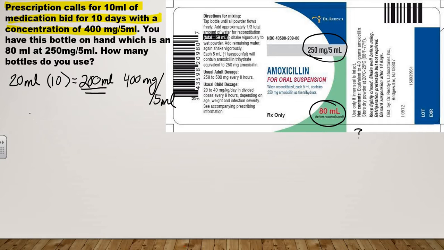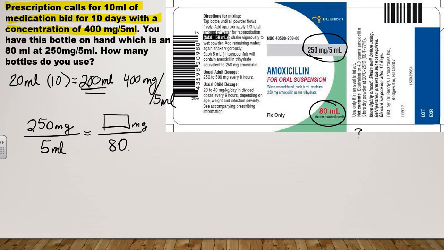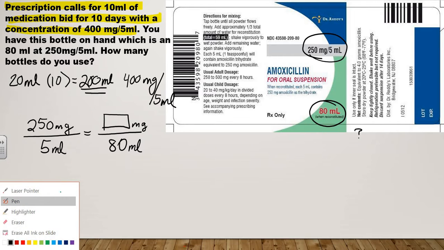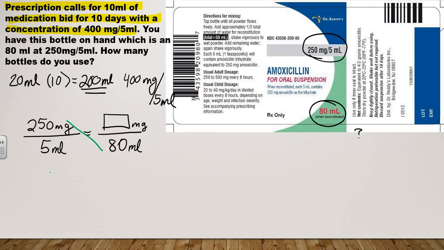So if its standard concentration is 250 milligrams for every 5 milliliters, I don't know how many milligrams are actually in the bottle, but I know that it reconstitutes to 80 milliliters. You're going to cross multiply.